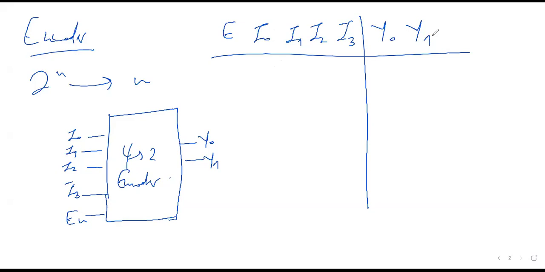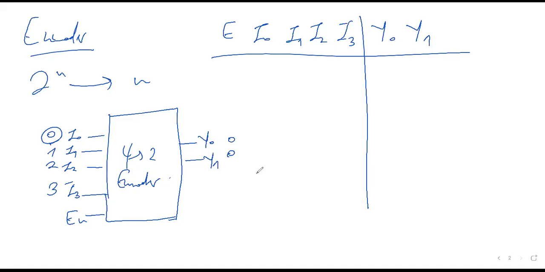As an application, I can use this encoder to encode numbers 0, 1, 2 to 3. I want to encode those numbers so that if I have a 0 in the input, my output will be 0, 0.